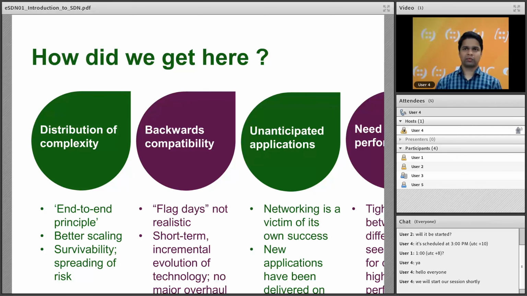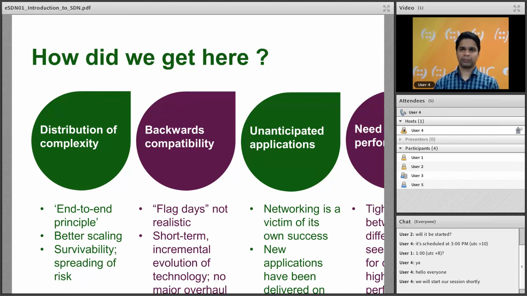Number four is the need for higher performance. The dominance of IP, TCP/IP, in our industry has come with growth in traffic driven by access technologies that enable higher and higher bandwidth requirements. We started with 2G or 2.5G, then 3G, 4G, LTE, which promises gigabits of traffic over the air from access to the core.